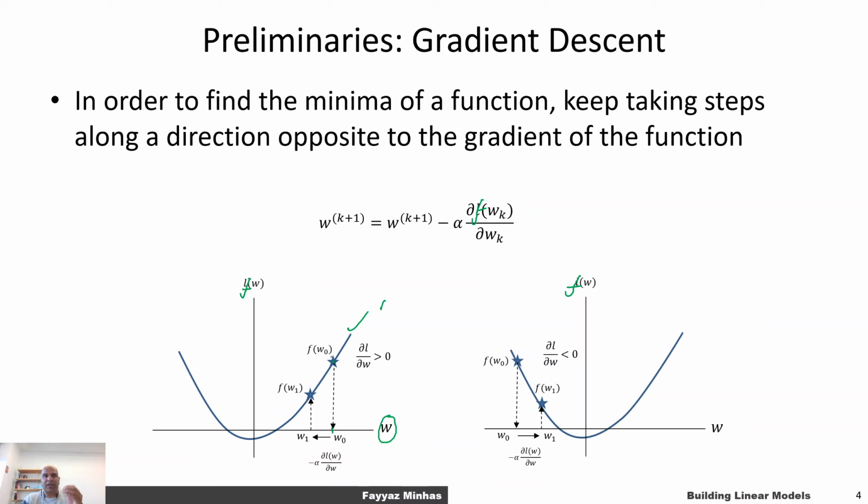Let's say you are interested in going to the minimum value, just like in our peak example, where we wanted to get to the value floor. Then what we need to do is take a step opposite to the direction of the slope.